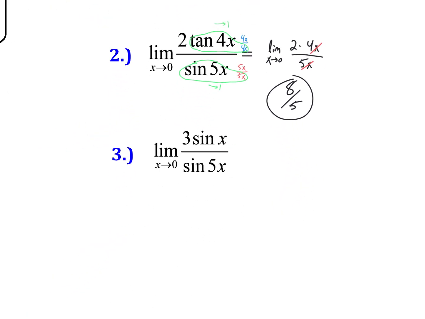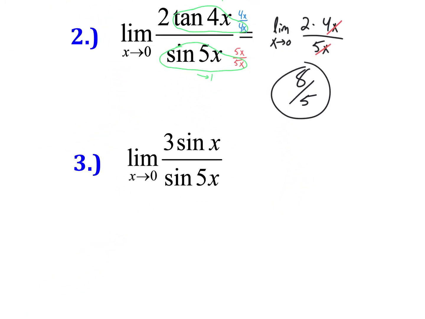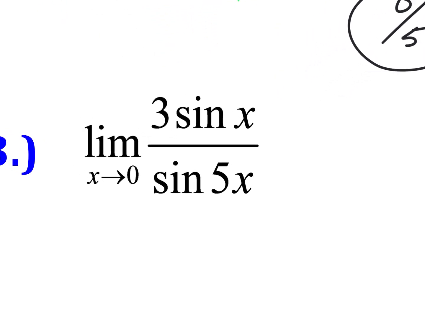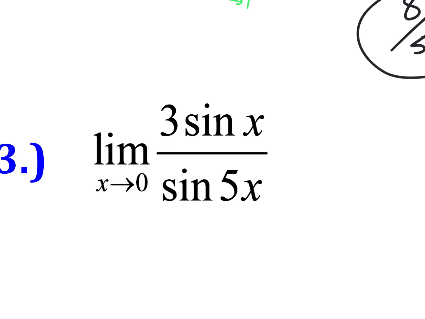All right, next problem. We have 3 sine of x over sine of 5x. Similar as before. My argument here is a 1x. I would love it if there's a 1x underneath there. Here my argument is a 5x. It would be so great if there's a 5x underneath. So let's force that into existence.